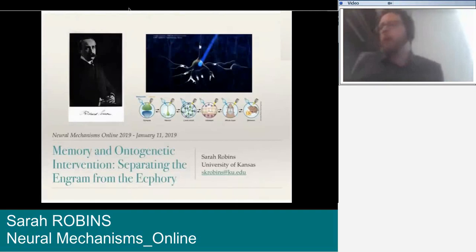They show that as a mouse initially enters a context, you get driving of frontal responses by hippocampal responses. But as soon as the mouse starts to behave in that context, to perform a particular thing it's supposed to do, the directionality shifts. Now you've got prefrontal activity leading hippocampal activity.